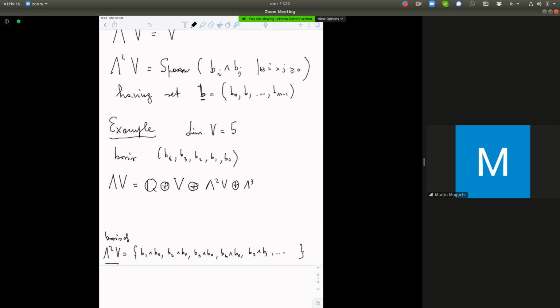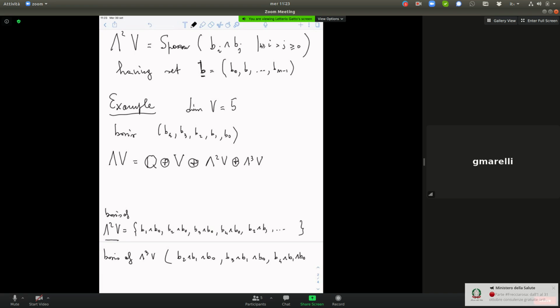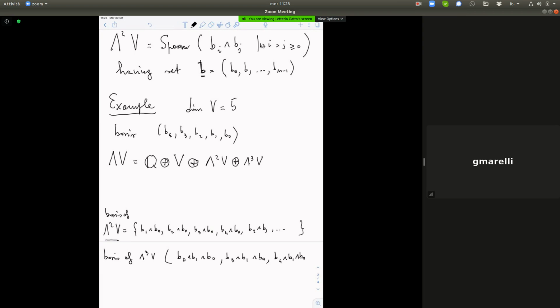Then we have wedge 3V, which is easier. The basis of wedge 3V is B2, B1, B0, then B3, B1, B0, then B4, B1, B0, then B3, B2, wedge B0, then B4, B2, wedge B0, and finally B4, wedge B3, wedge B0, and B4, wedge B3, wedge B2.